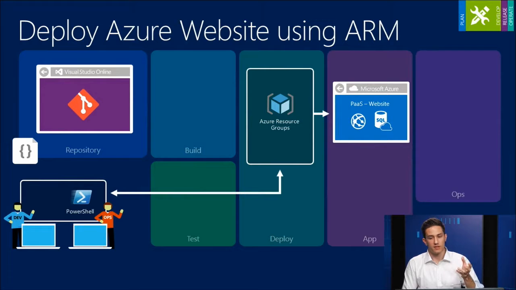The way that works practically is that you would have a PowerShell script, which then specifies the creation of a new resource group and other parameters using your JSON template file. That would then go ahead and deploy that infrastructure up to Microsoft Azure.